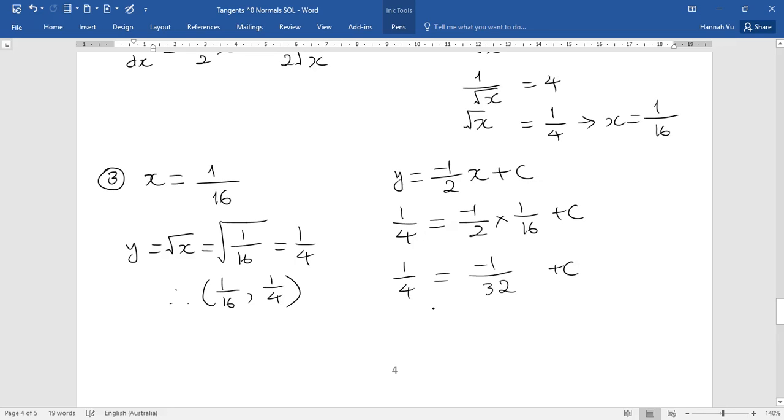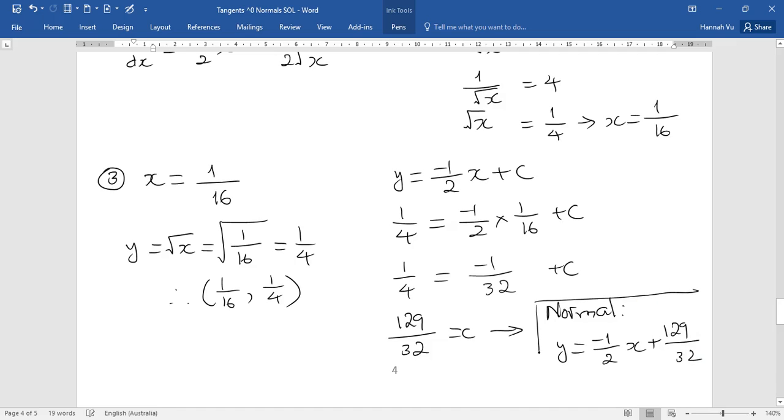No. All right, not 9. So 1 over 4, and then you have to add 1 over 32. What's this? 129 on 32 equals c. Okay, so the normal is y equals negative a half x plus 129 on 32.